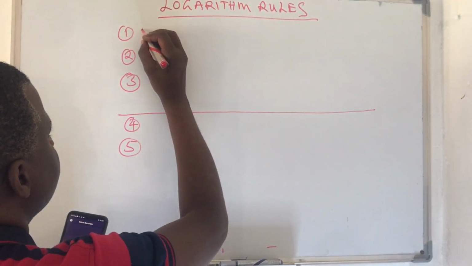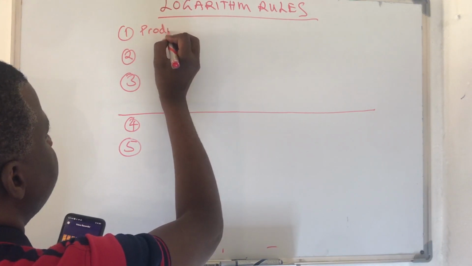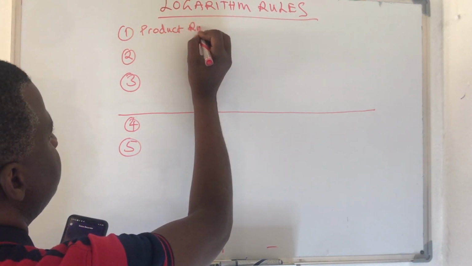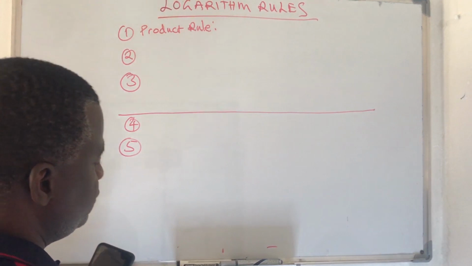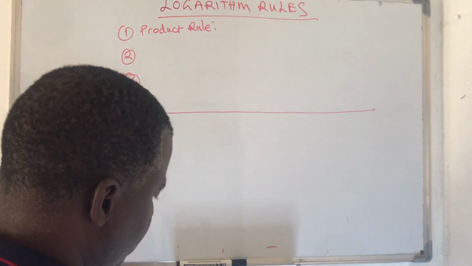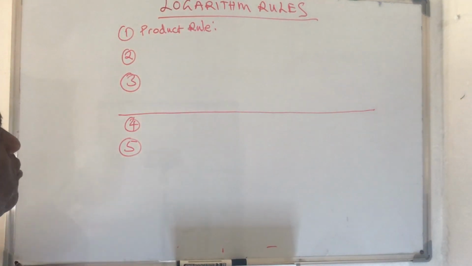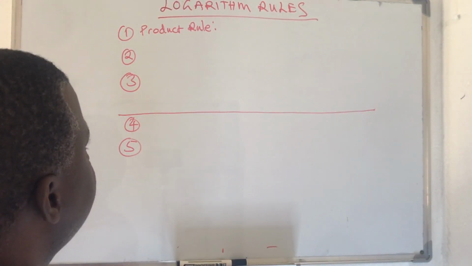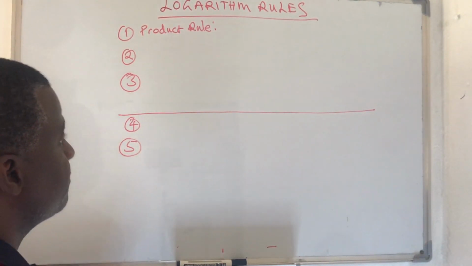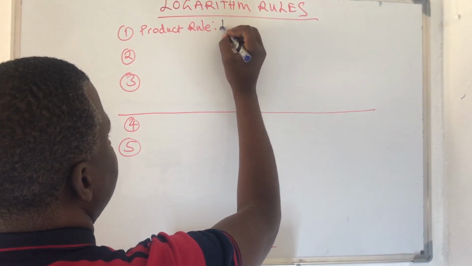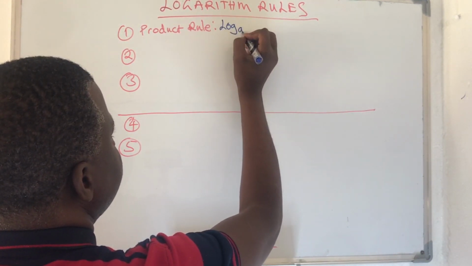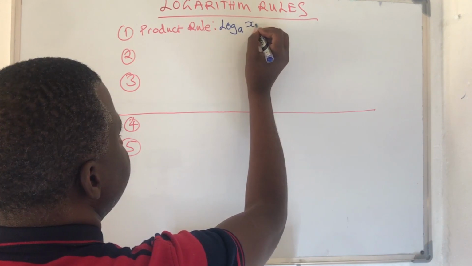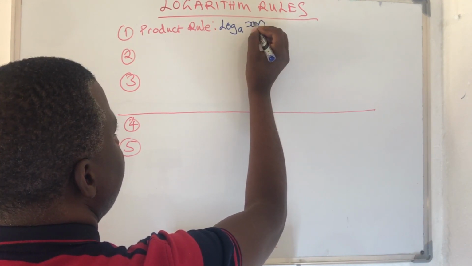Alright, so the first one is known as the product rule. We are saying the product rule because you are going to be multiplying some things, isn't it? And in this case, we have a log, let's say log base A of x times y.